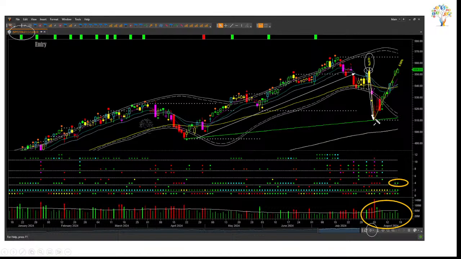Then, without making a base, without moving sideways for a few days, it sharply moved up, went up by 8.66%, and the closing price on Friday is actually higher than the closing price of the previous swing high. That is a V-shaped recovery.